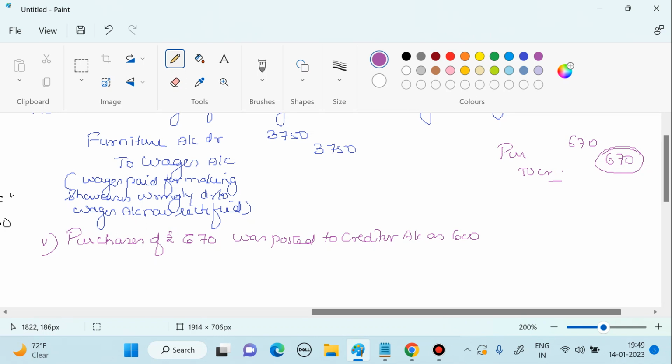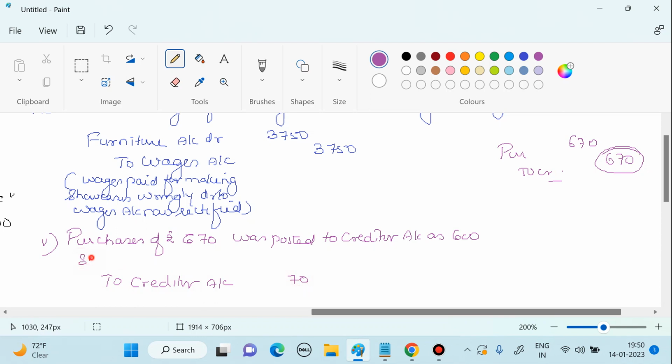So purchase account has been debited with the right amount, so we don't have to do anything. Will it be suspense account debit to creditor account 70? Correct. Because the problem occurred only in respect of the creditor account. Instead of putting 670 to credit of creditor, you put only 600. So now you should put that 70 to make it 670. So you have to credit creditor account with 70.